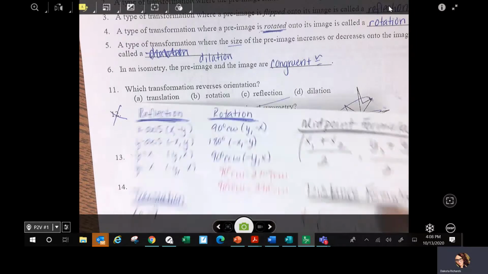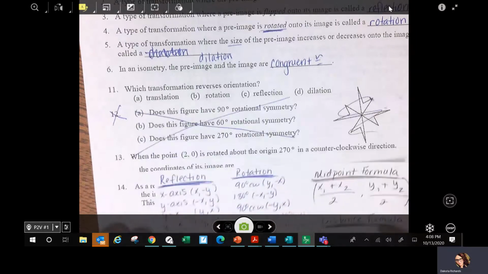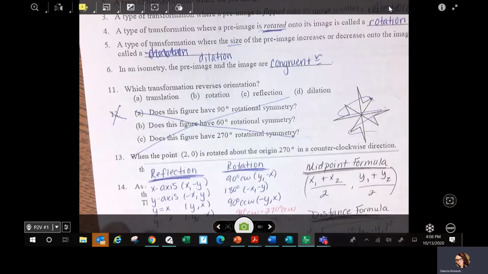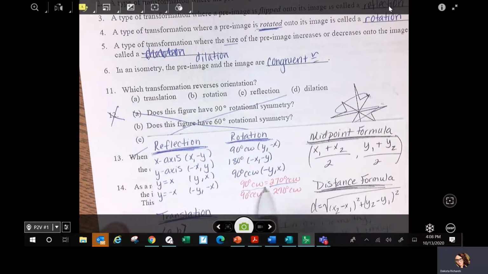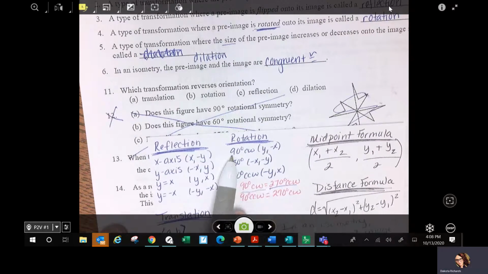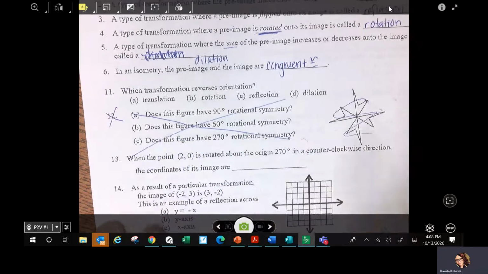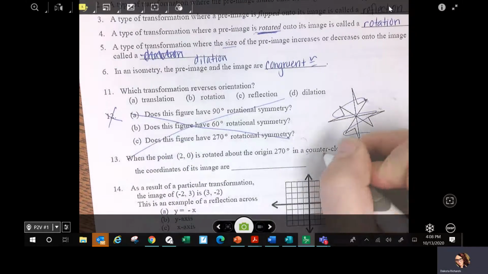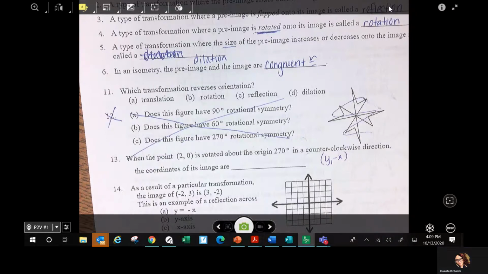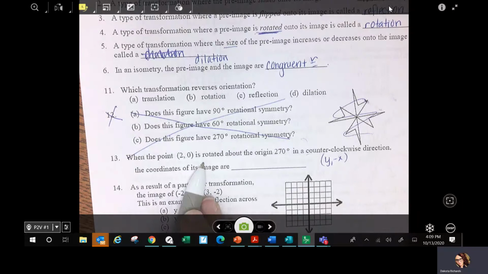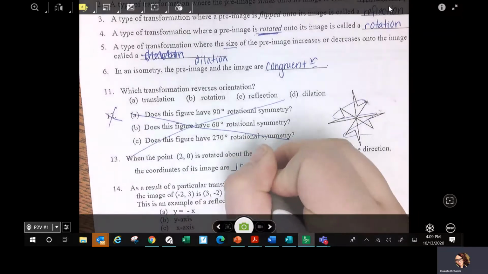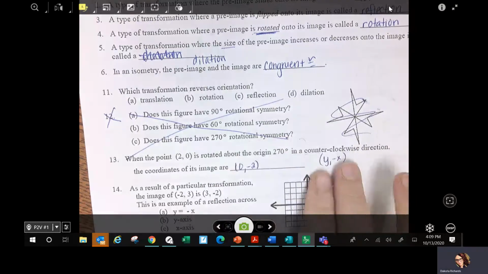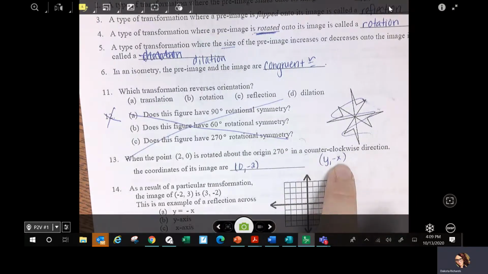So you're rotating about the origin 270 degrees. What was that? Counterclockwise. So 270 degrees counterclockwise is the same thing as 90 degrees clockwise. The 90 degrees clockwise rule tells you it's (y, -x). I'm going to write that down right here, (y, -x). Okay, so basically these are going to switch spots and you're going to change the sign of your original x. So that's going to be (0, -2). They switch spots and then you're changing the sign of the original x value.